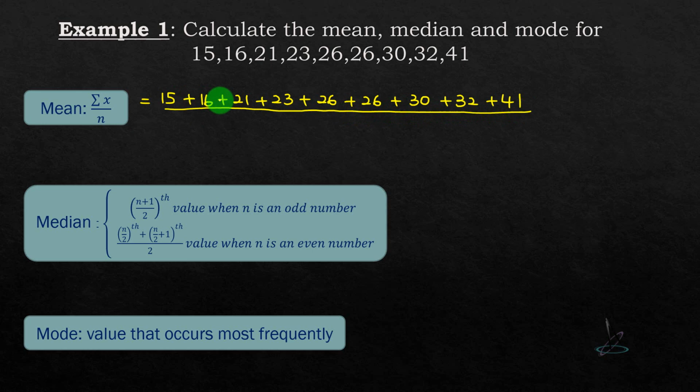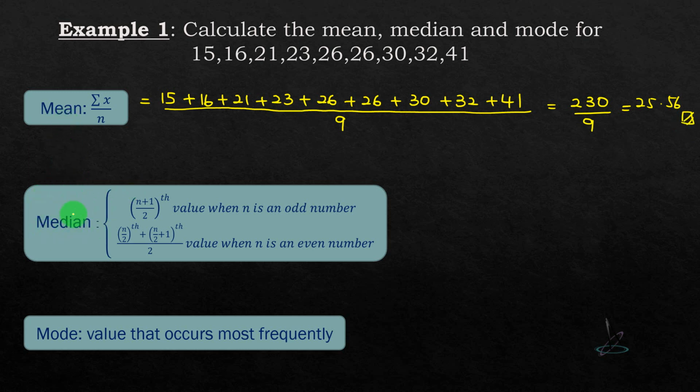So we have 1, 2, 3, 4, 5, 6, 7, 8, 9. The total number of data is 9. If you use your calculator, you should see that the summation is 230 over 9, which will give us 25.56. So that is the value for our mean.